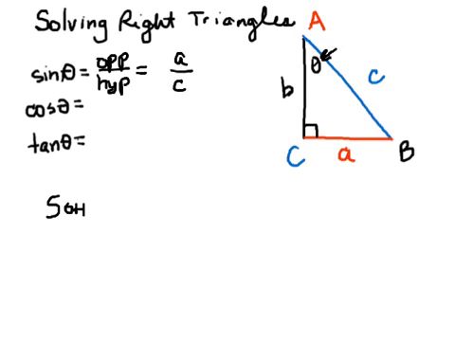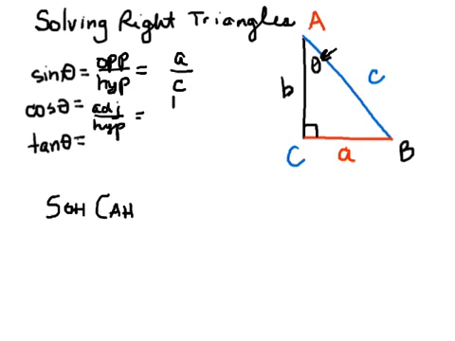Now, CAH is for cosine of theta, is adjacent over hypotenuse. Now, the side adjacent means next to, the side adjacent to angle theta is B, so adjacent over hypotenuse.